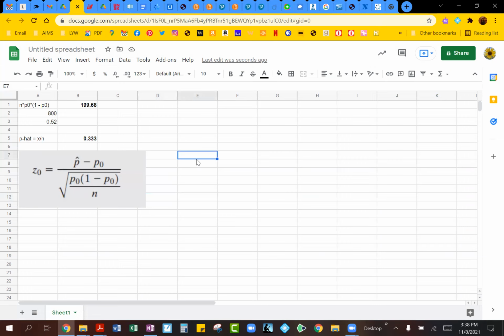Alrighty, so now you've got your p hat. Our p sub 0 is going to be this number over here. So that's p sub 0. And then, of course, this was our n value. So just using all of those on the numerator, and I'm going to put that in parentheses. We're going to do p hat, which is the 0.333, minus the p sub 0, which is 0.52.